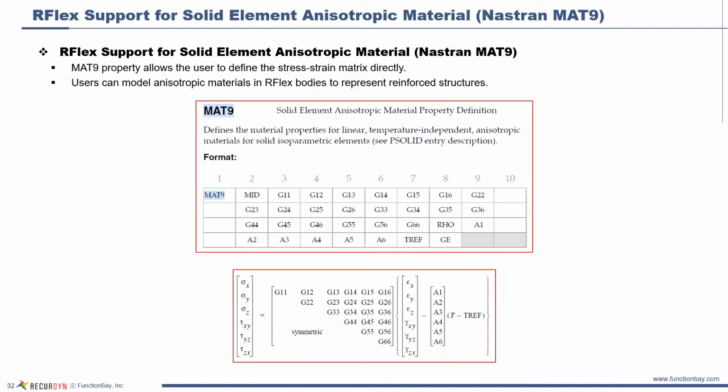There's also now RFlex support for the solid element anisotropic material type, which is equivalent to the Nastran MAT9 card. So now users can model anisotropic materials in their RFlex bodies to represent reinforced structures.